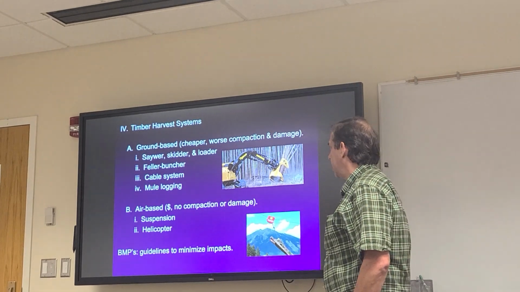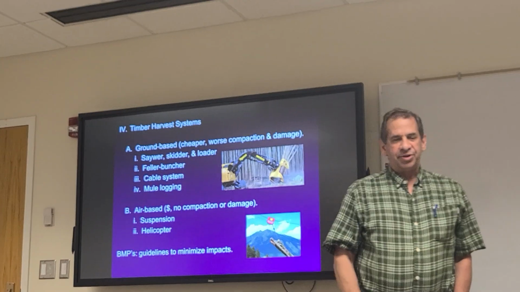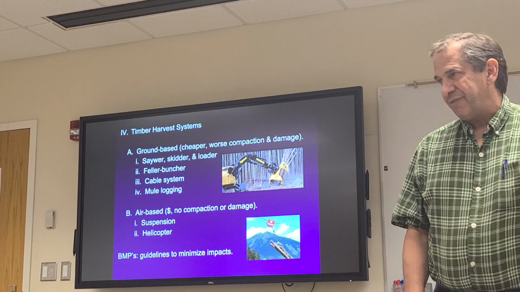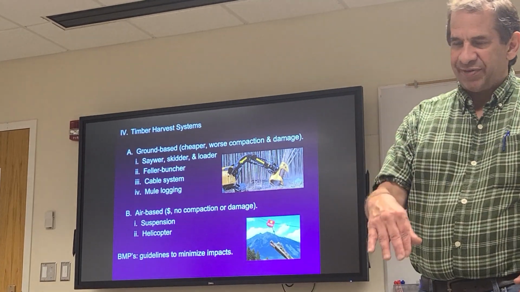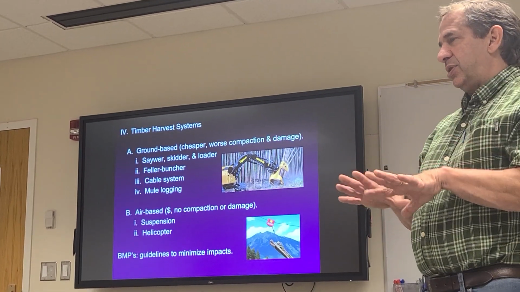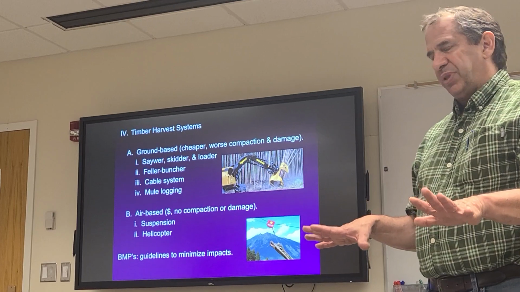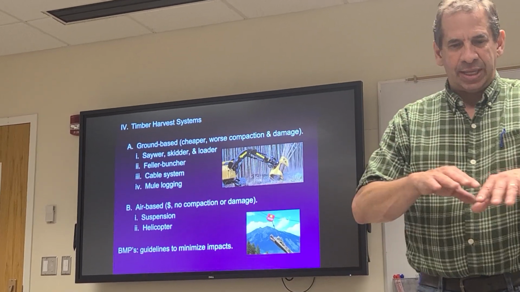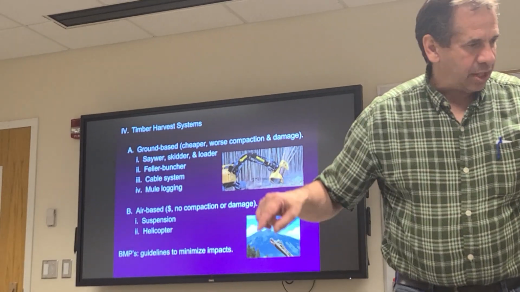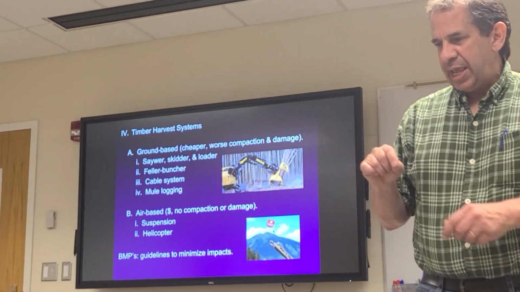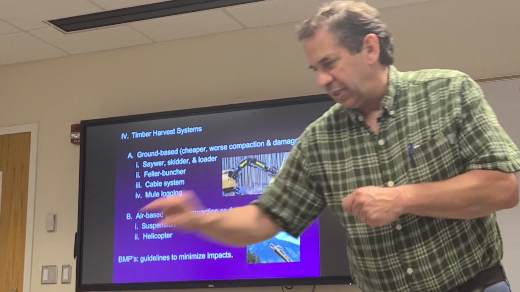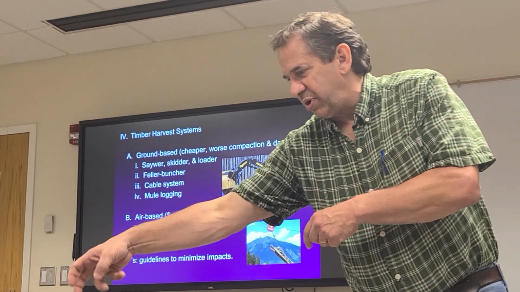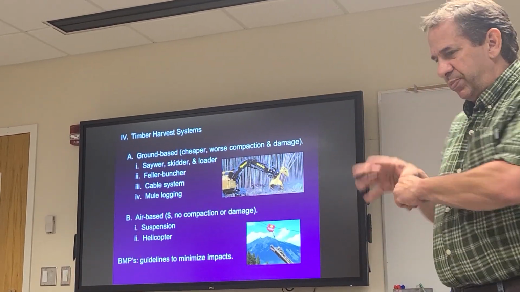Yeah, very cool, right. Another type of a system, you see this more where you have contour, you don't want to be driving up and down steep slopes, is you have a platform, a loading platform at the top of a slope, and let's say it's a slope that goes down all around. You cut all these trees down, and you've got a cable that you let out and you attach to a tree, or 2, 3, or 4 trees, and you drag them up the slope.